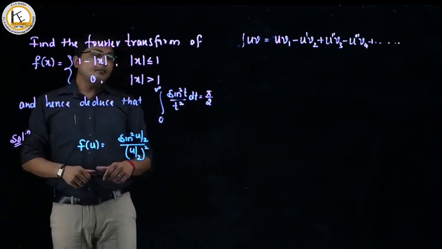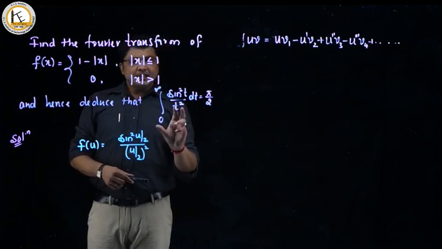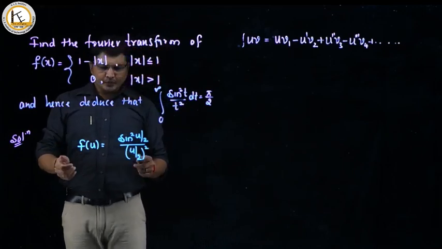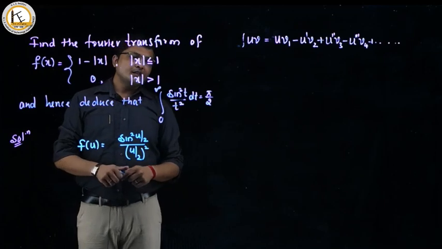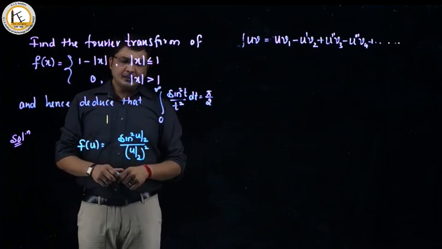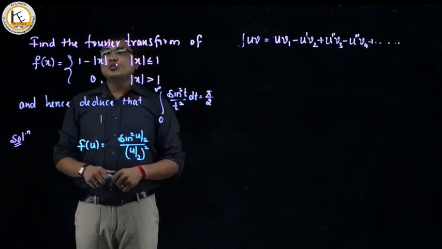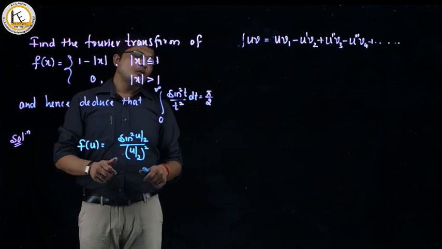Now in the second part, we need to evaluate this integral. Obviously, in the second part, there is not much integral evaluating. Instead, we just try to simplify this function by substituting in the inverse Fourier transform formula.